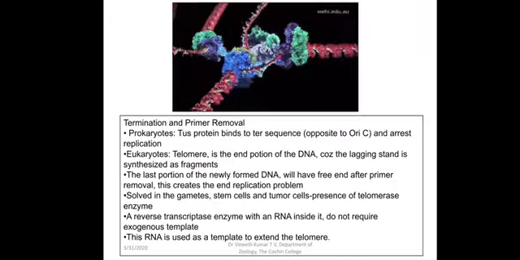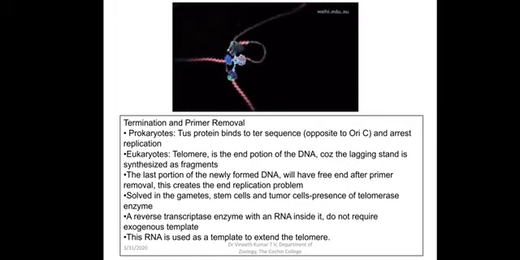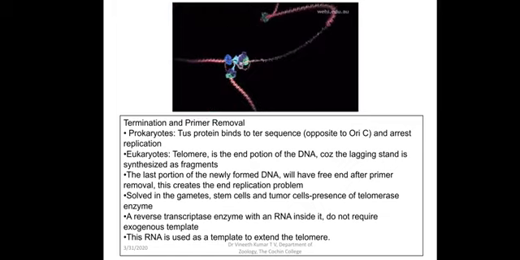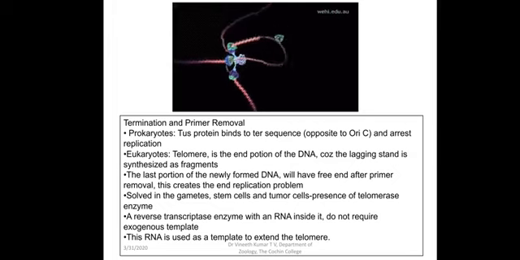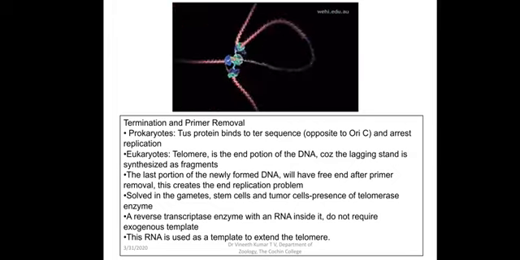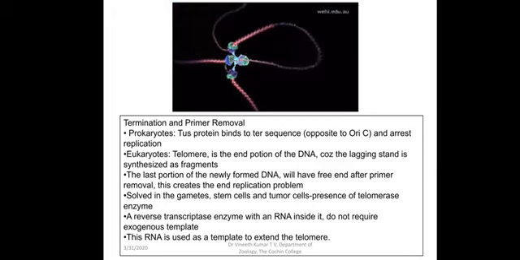And now this is also an animation which shows elongation. Here you can see the elongation process happening. You can see now the lagging strand synthesis occurs. You can see the length increasing.